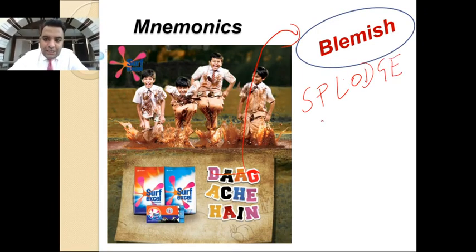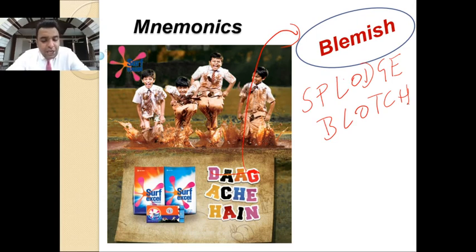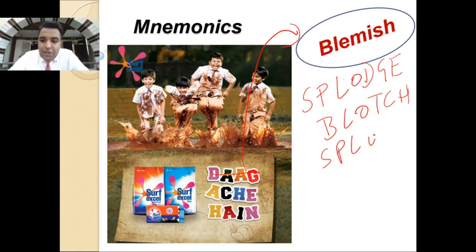The word is blotch. He's a blotch on the society. It's a stain. You can see the dirt, the blemish, the daub, the splotch on these kids' dress. So you can see the dress is really dirty. So it's a splotch, blotch. The word is again splotch.